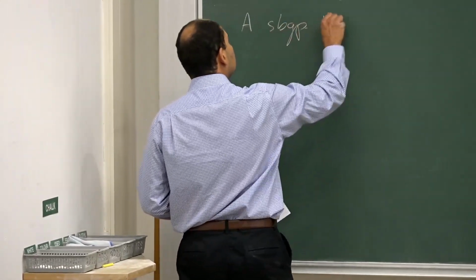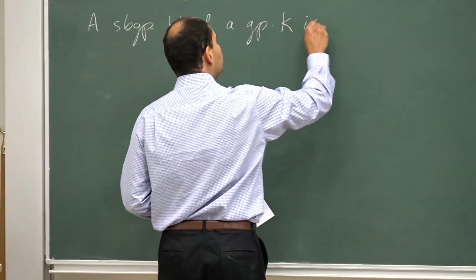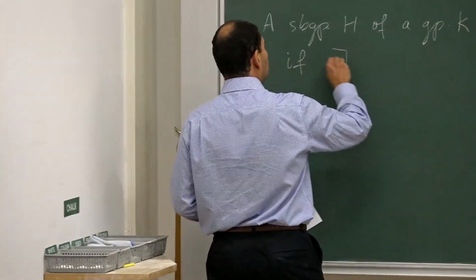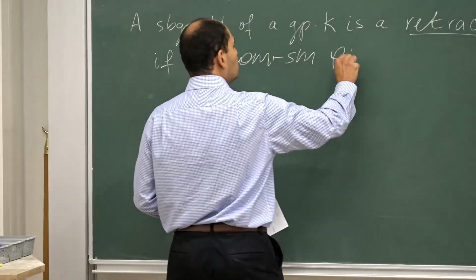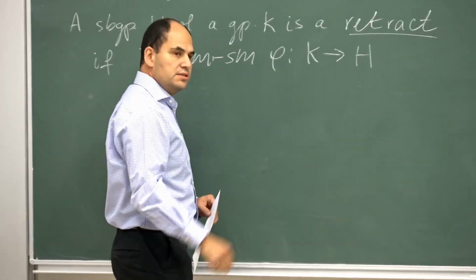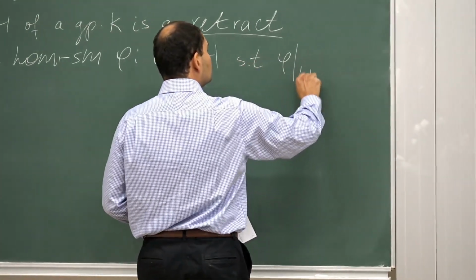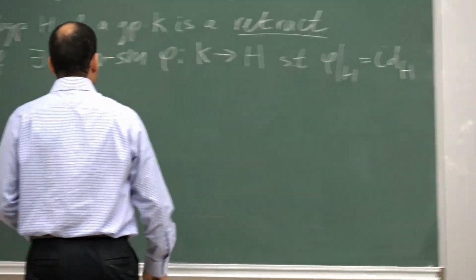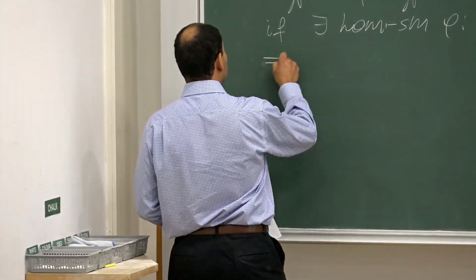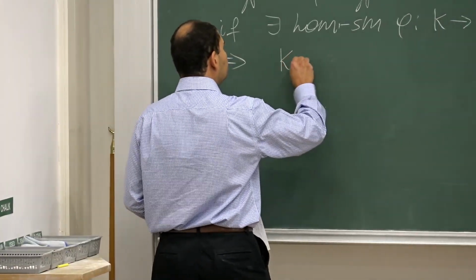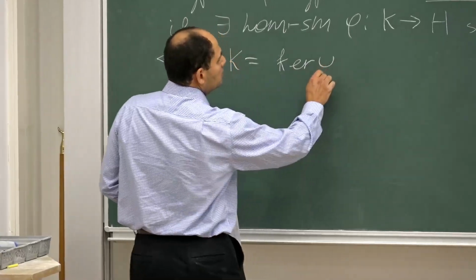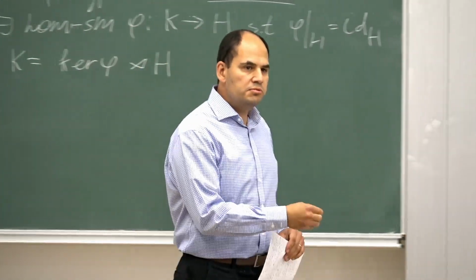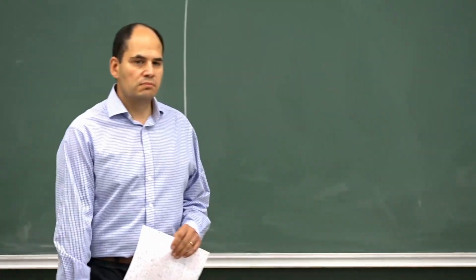A subgroup H of a group K is a retract if there is a homomorphism from K to H which is the identity on H, the identity map on H. So this is the standard notion, and equivalently, this means that your K splits as a semi-direct product of the kernel of this homomorphism with H. So it's just a different way of saying your group splits as a semi-direct product with this subgroup, with some normal subgroup.